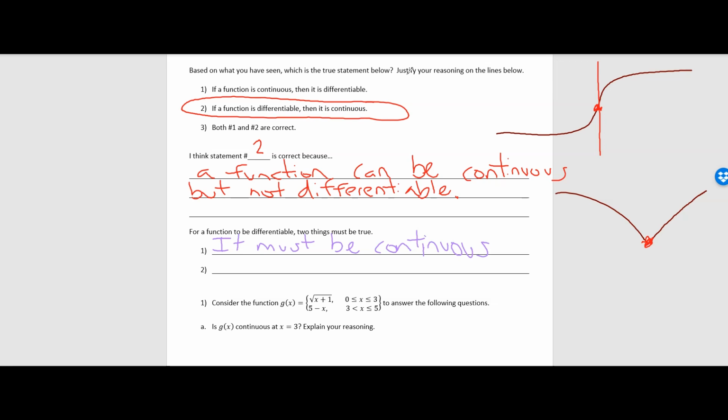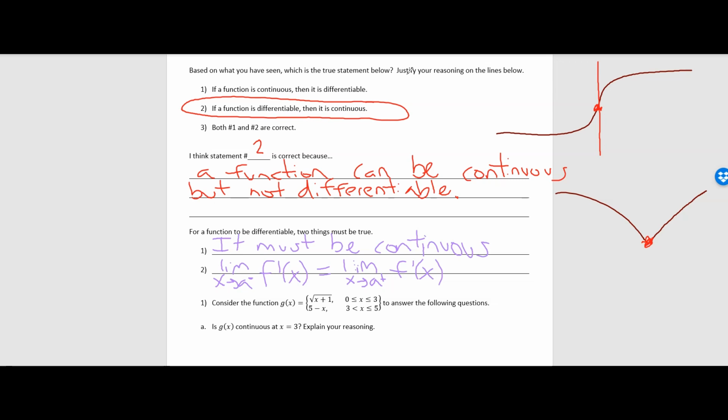So this missing piece, this second piece of our definition, is that the limit as x approaches a from the negative side or from the left-hand side of the derivative, so f prime of x, must be equal to the limit as x approaches a from the positive side or the right-hand side of f prime.